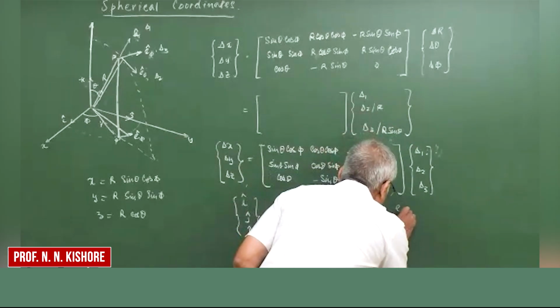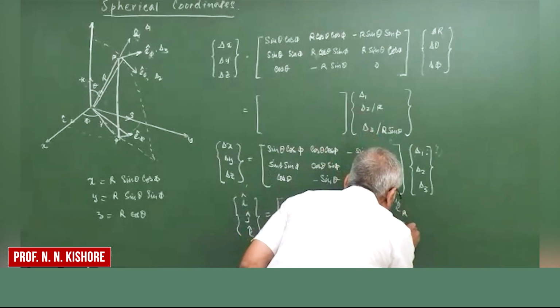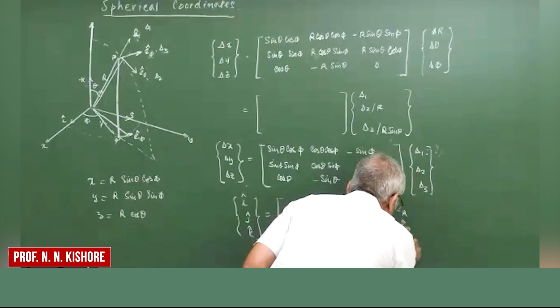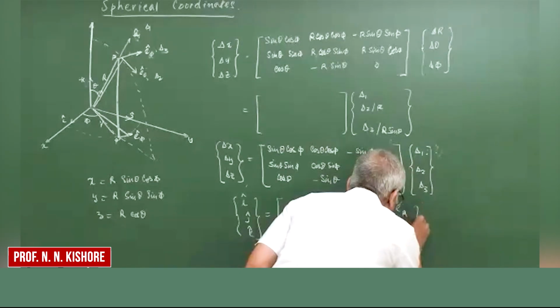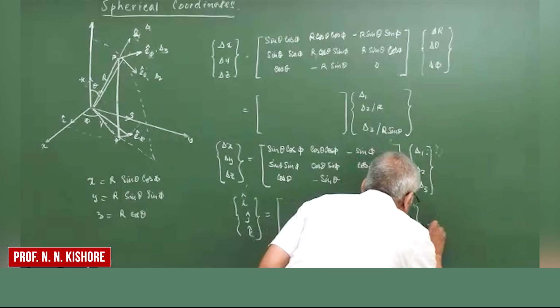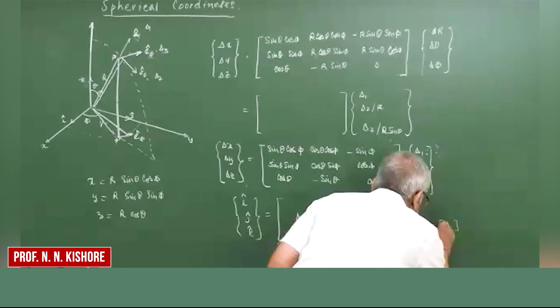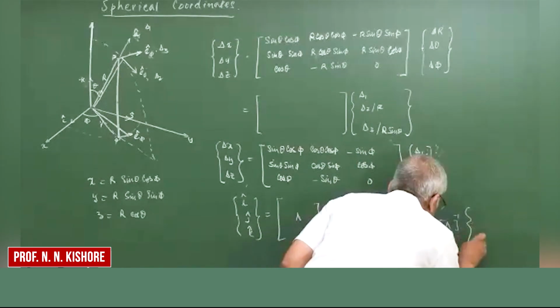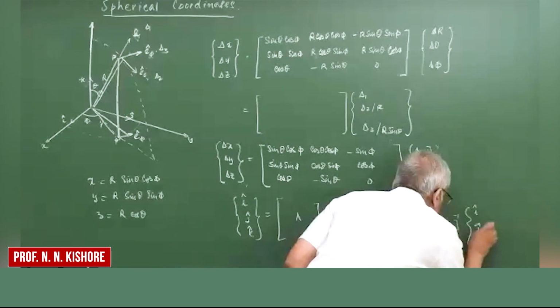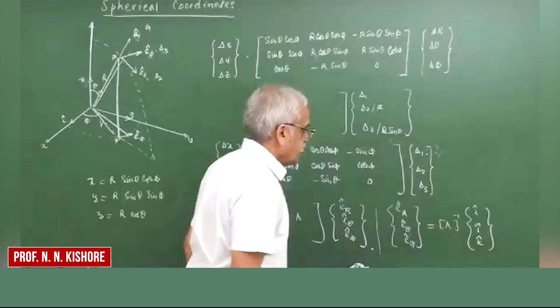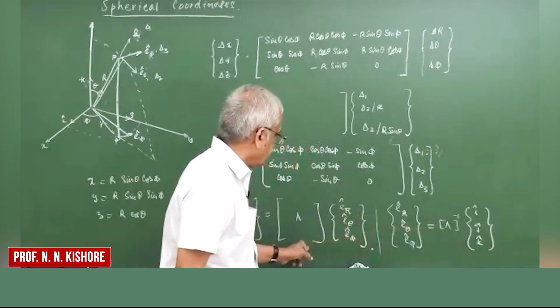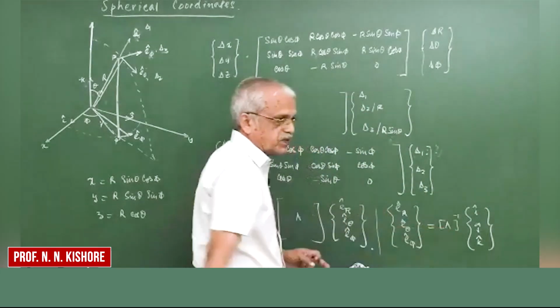Interestingly, these are all orthogonal transformations, and so if I want to take an inversion here, this is what I also told yesterday. So this A inverse, if you write this one, becomes A inverse.